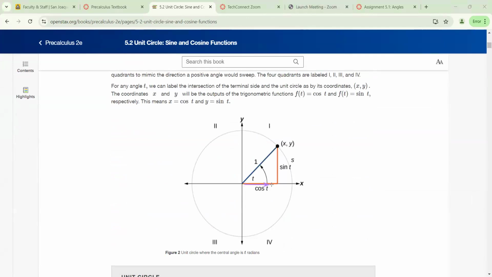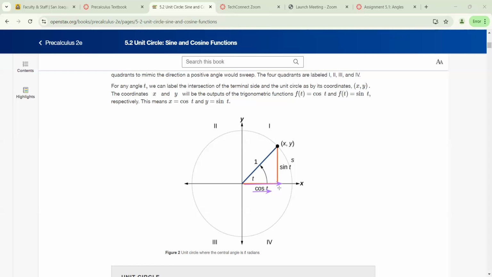So this way, where I'm drawing my purple line right now, the x-axis line, that is called the cos. And this way, the orange line, the line parallel to the y-axis, is called sine. So for this angle, it could be theta, or it could be alpha, or it could be t.